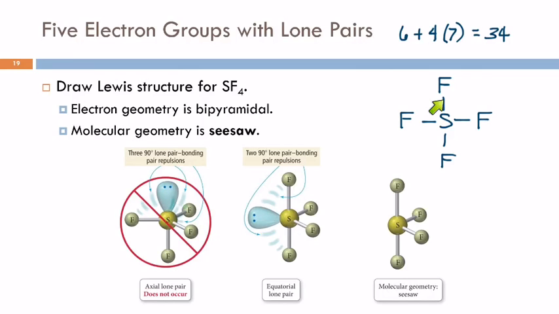Okay, 2, 4, 6, 8, 10, 12, 14, 16, 18, 20, 22, 24, 26, 28, 30, 32. We have 2 more electrons. Where are we going to put them? On the sulfur.